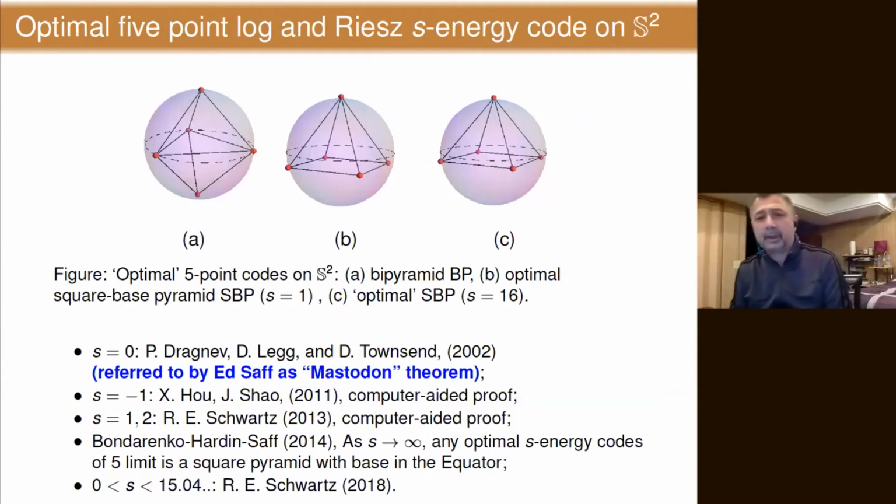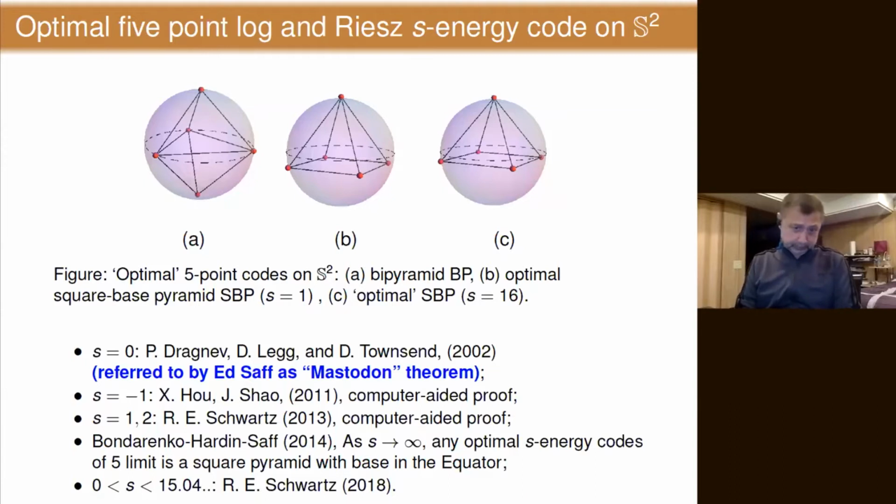So the competing configurations are the bipyramid, which is north-south poles and an equilateral triangle on the equator, and the square pyramid, which is the north pole and a square at a different height, different latitude.